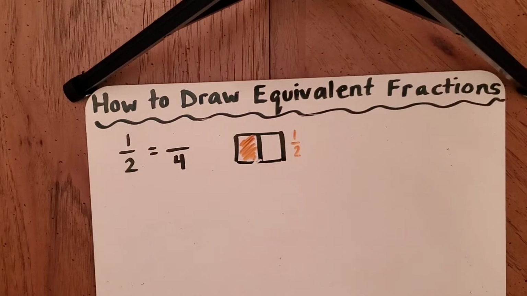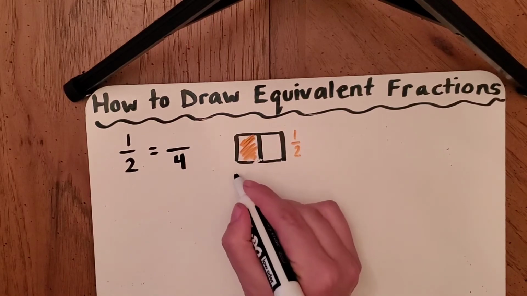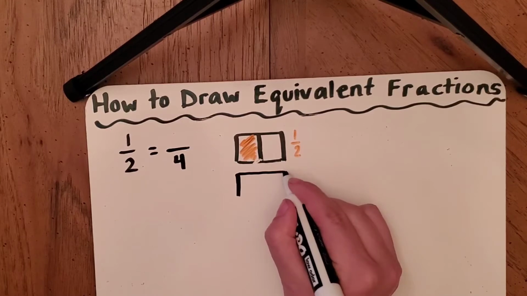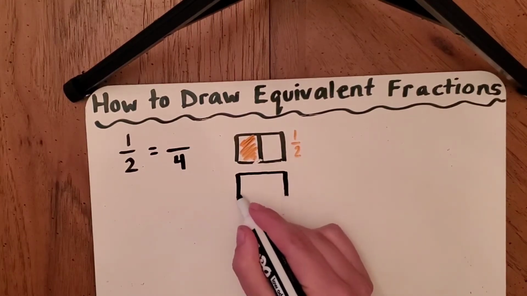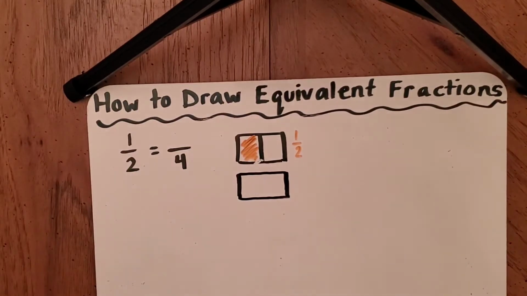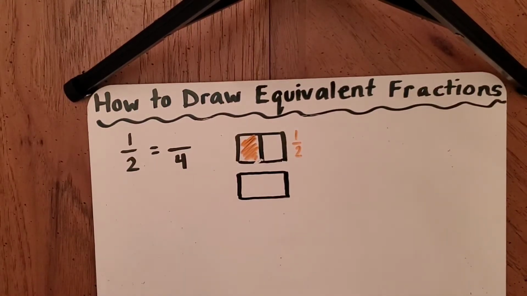Now to figure out how many fourths would be equivalent to 1/2, I'm going to draw the same model, a twin of this one, right underneath. And I do it underneath because it's just easier for me to see if they're the same. Now I want to cut this one into 4 pieces. But I'm not just going to start cutting into 4 pieces.